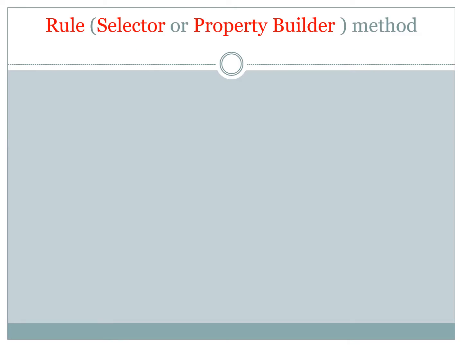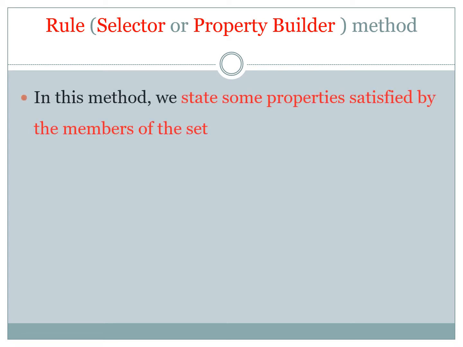Now we shall see methods of describing a set. There are mainly two methods for describing a set. The first one is the rule method, which is also known as the selector method or property builder method. In this method, we state some properties satisfied by the members of the set.